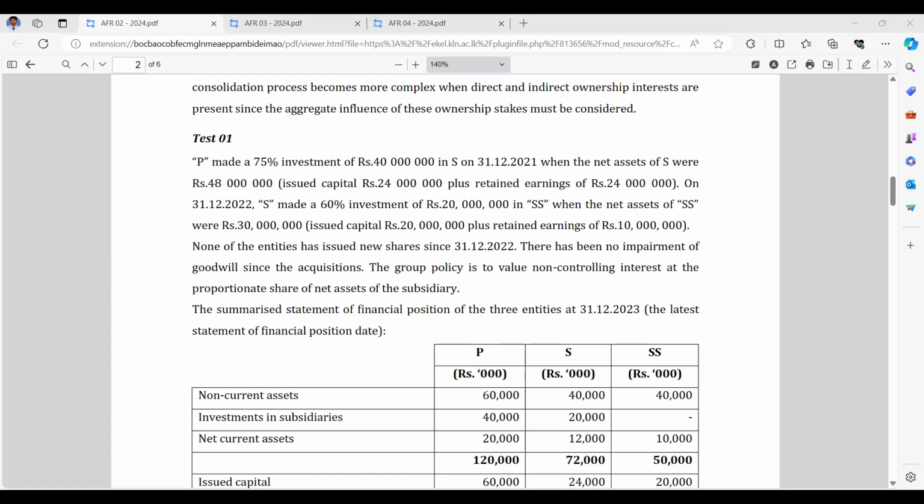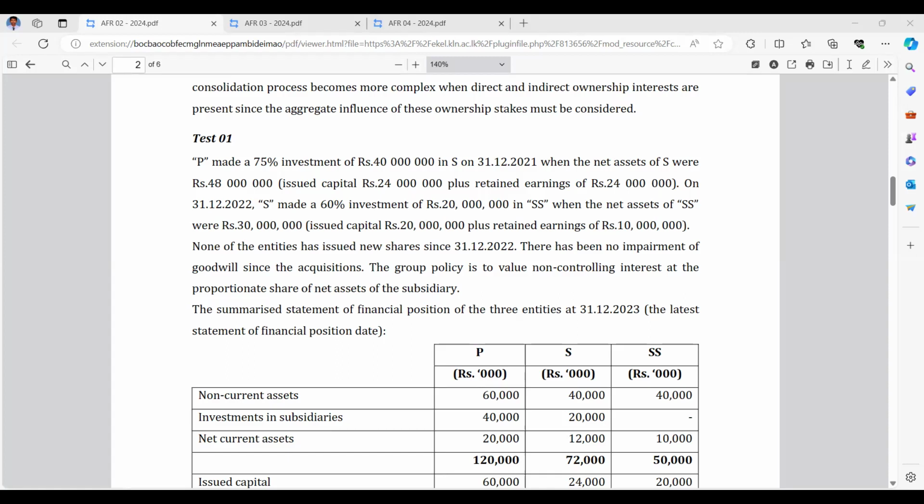You own SS via S. In that case, the parent can recognize such investment up to the parent's ownership of its subsidiary. So we can recognize 20,000 into 75%, 15,000. The remaining 5,000, because the investment is 20,000, was made by whom? The NCI shareholders. Investment of SS, right? The NCI shareholder. I think it is clear for you.